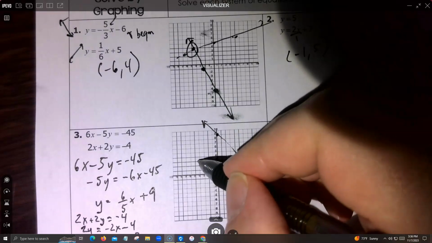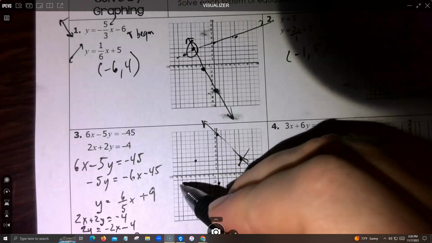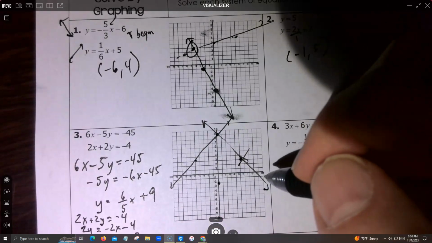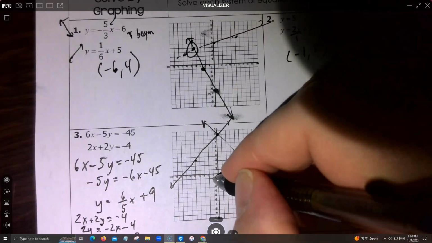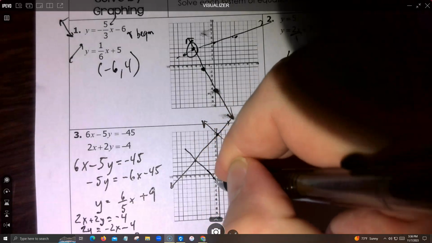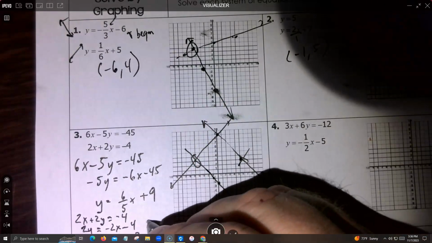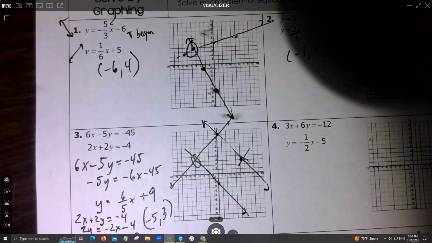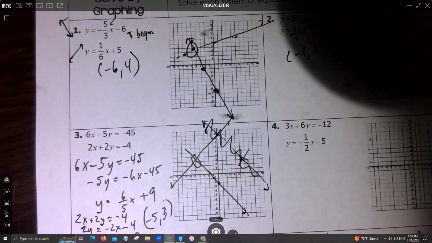So 5 is 2, 3, 4, 5 this way. And then we already have this one. So it looks like my intersection is -5, 3. So scratch this line out. You should always pay attention to what you're doing.